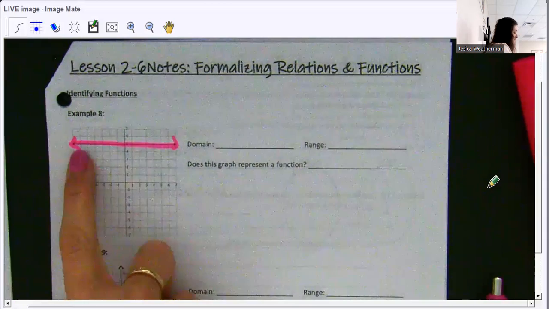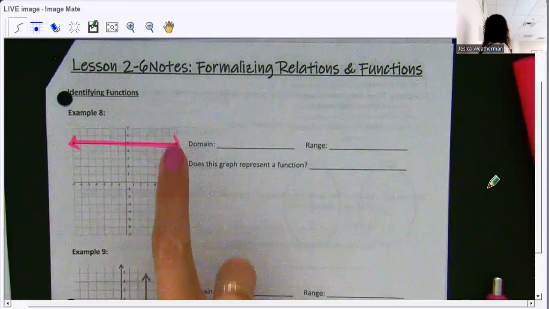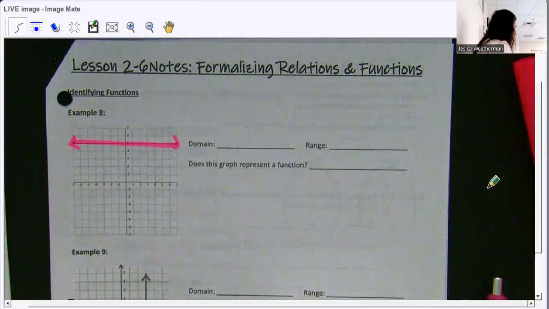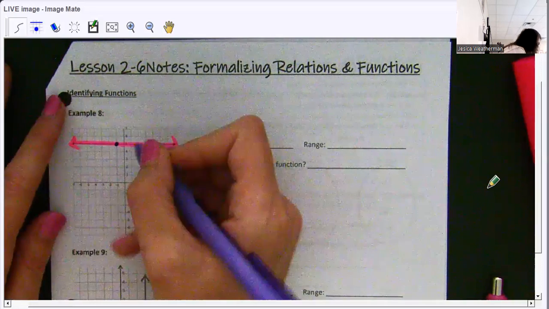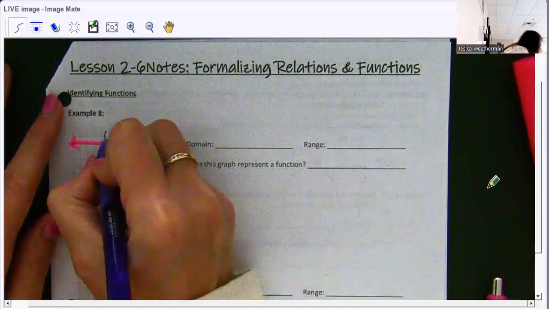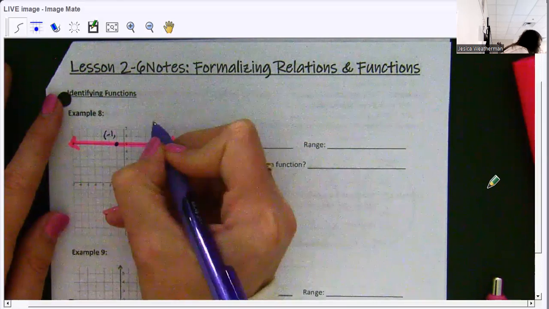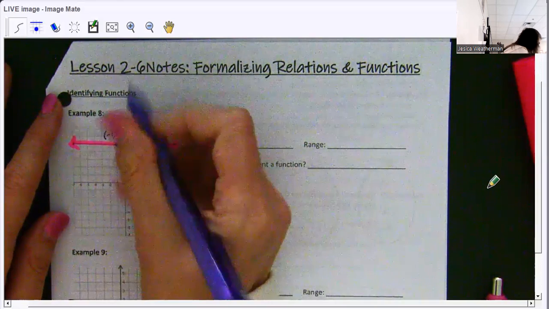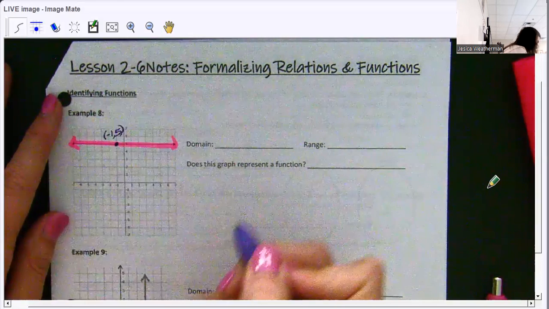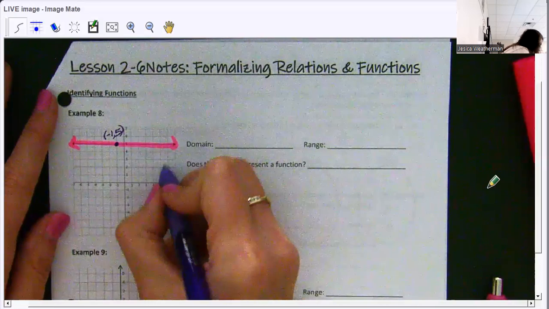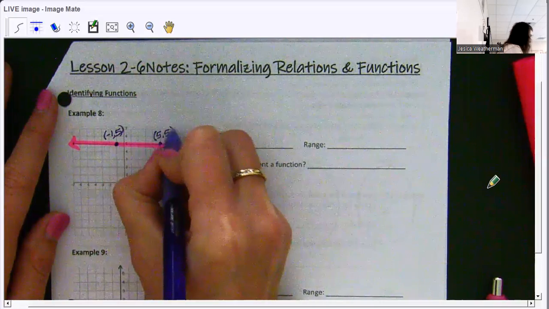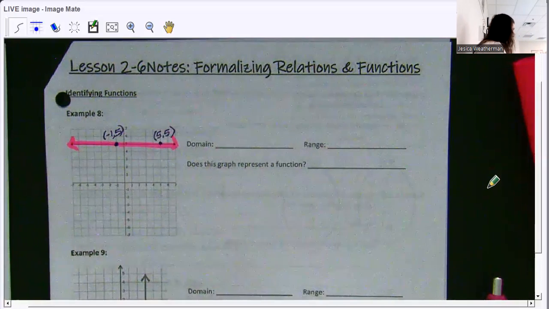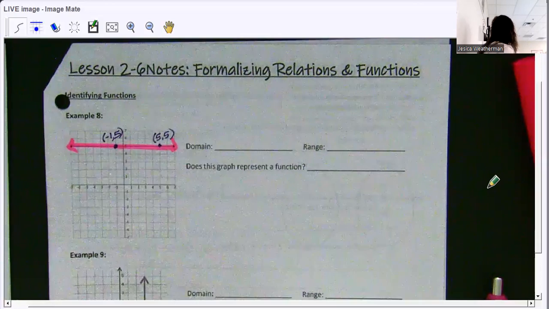So in looking at this line right here, what are our possible x values for this graph? If it helps, you could plot a point here. And you could say, okay, this point is -1, 5. Let's plot another point. Here's 5, 5. So we have an x value of -1, an x value of 5.